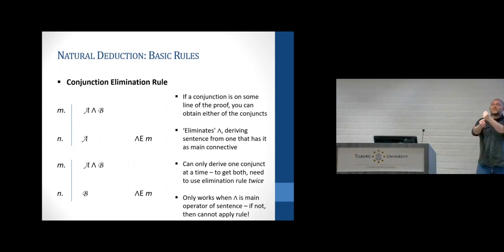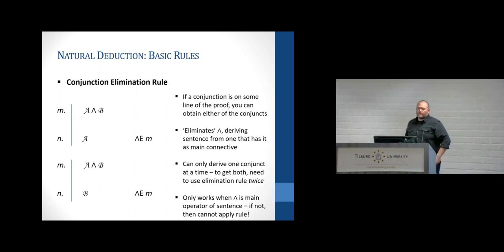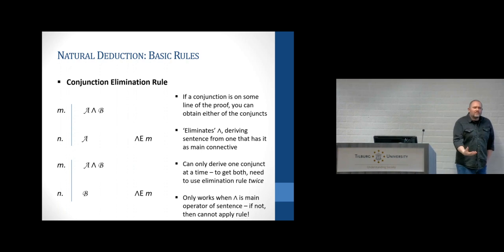We wanted A and B, so we had to use conjunction elimination twice. And again, the thing to note here, elimination rules are in some sense badly named. They don't destroy the conjunction. It's still there. It's still on your proof line. It's just exploiting it. It's using it.